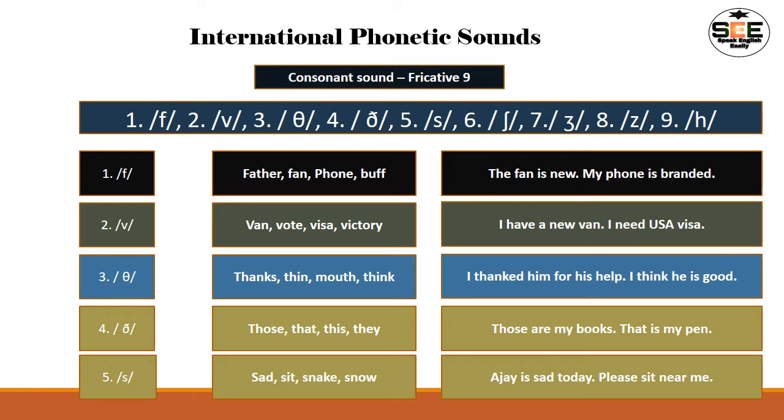So number 1, it is small f symbolized, and it produces the f sound. For example, here are some words: father, fan, phone, buff. So if we see, every word is producing the f sound.